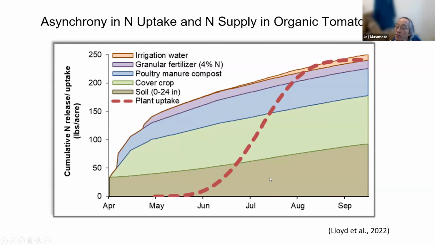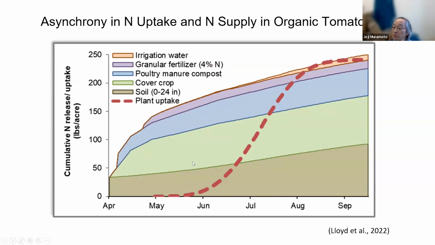This is soil organic matter mineralization, and the cover crop was incorporated in April, and the poultry manure compost was applied. Granular fertilizer was applied before planting, and irrigation water contains some nitrate. So a combination of all of these fulfills the nitrogen demand of tomato crops.